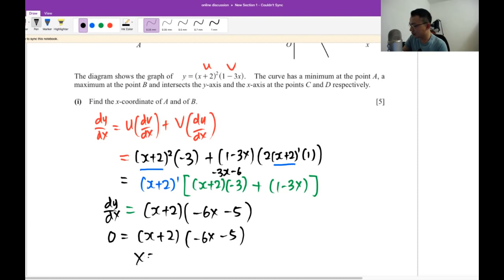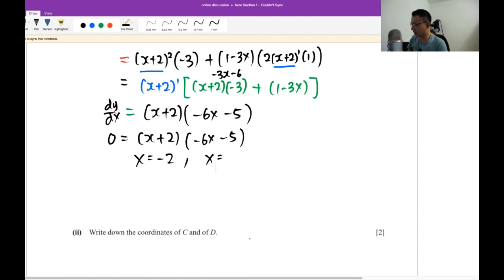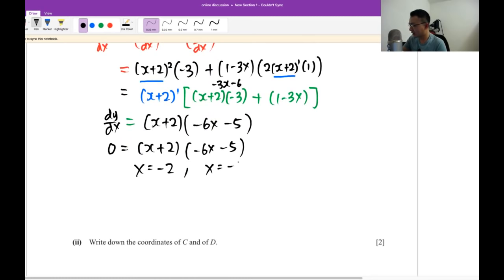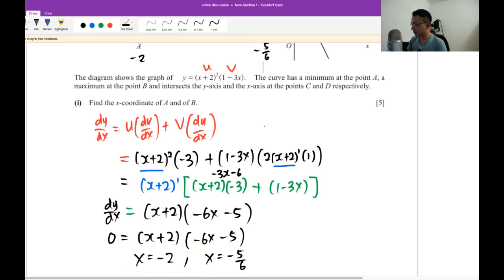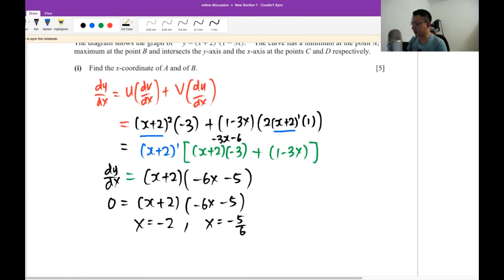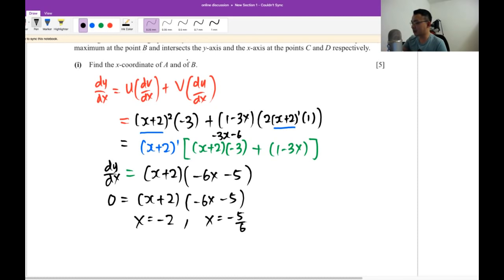So x equals negative 2, or x equals negative 5 over 6. So we have two values here. The question asks about the x coordinate, so we are done.